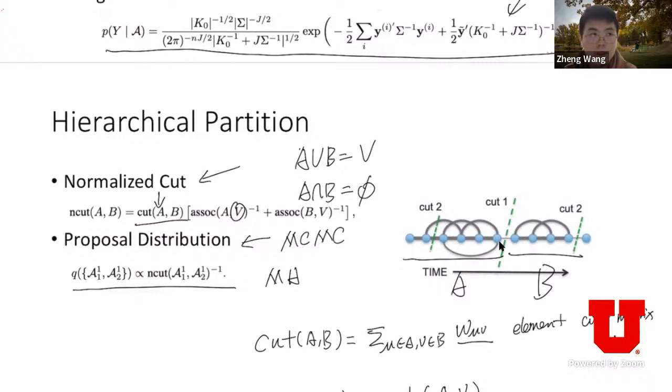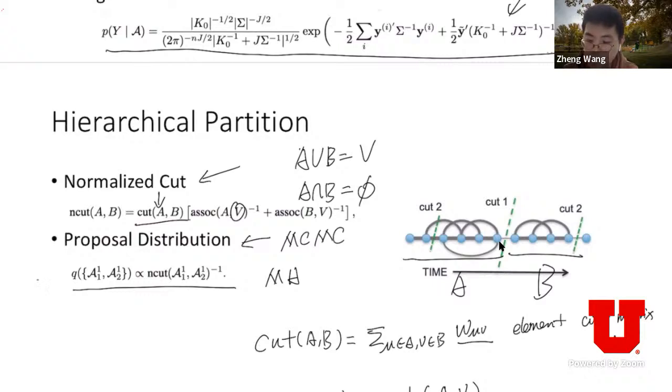The assumed prior for the partition is a uniform partition along the timeline. To draw samples from the posterior distribution, they use Markov chain Monte Carlo sampling methods, like Metropolis-Hastings.